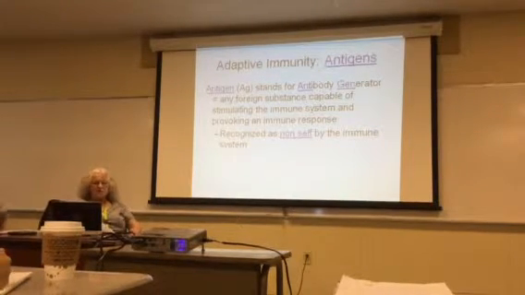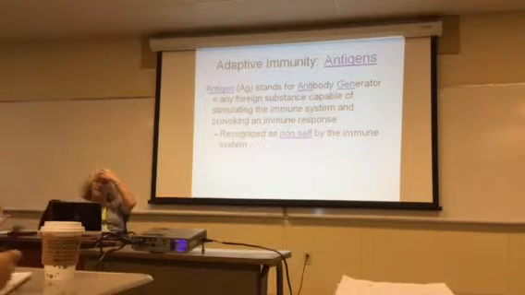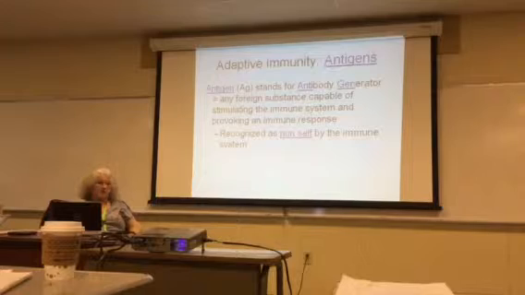So antigen, I use AG for antigen, but it stands for antibody generator. That's where they came up with this word antigen. It's any foreign substance that's capable of stimulating the immune system and provoking an immune response. An antigen is recognized by your immune system as non-self.